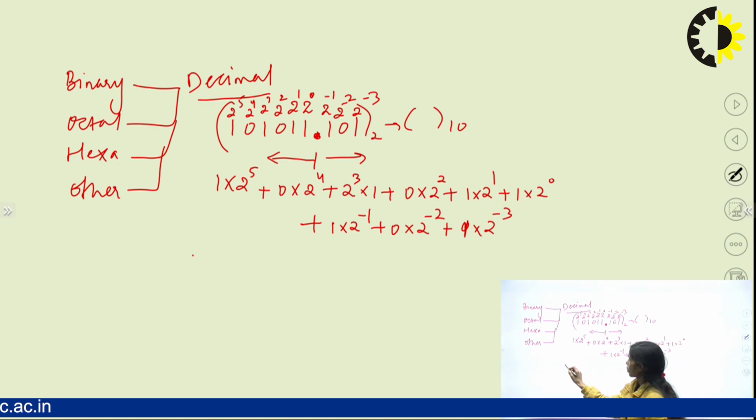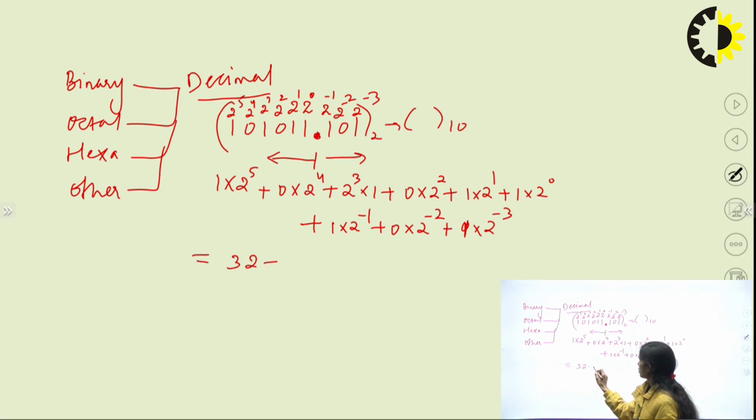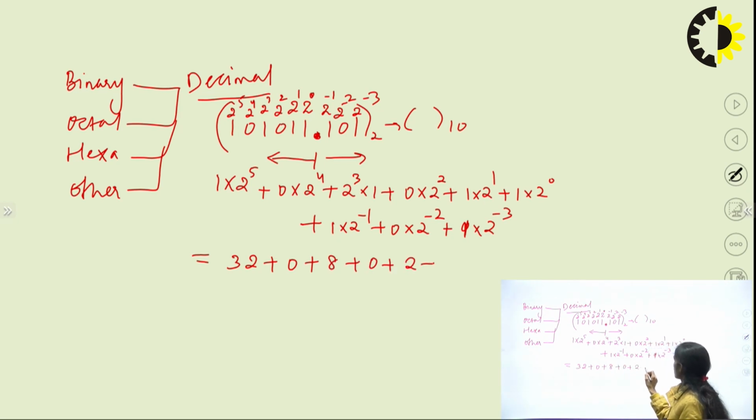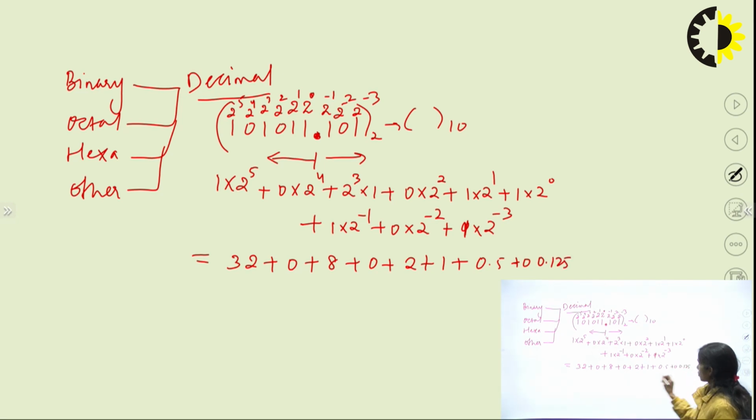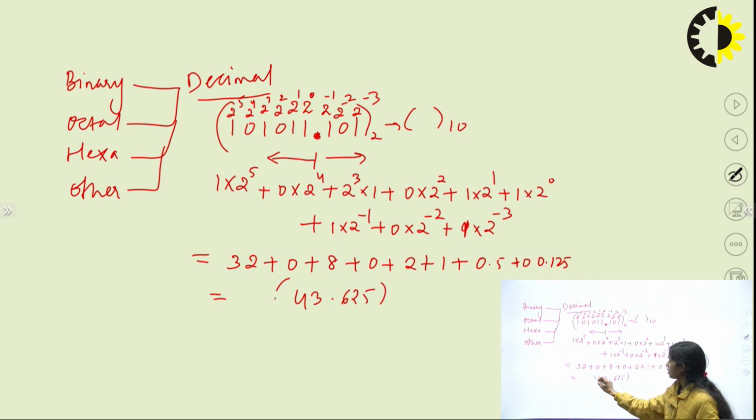If you solve and add, we get 32 plus 0 plus 8 plus 0 plus 2 plus 1 plus 1 divided by 2, that is 0.5, plus 0, plus 1 divided by 8, that is 0.125. By adding this we get 43.625. This is the decimal equivalent of the given binary number. So this is how we can convert other number systems into the decimal number system.